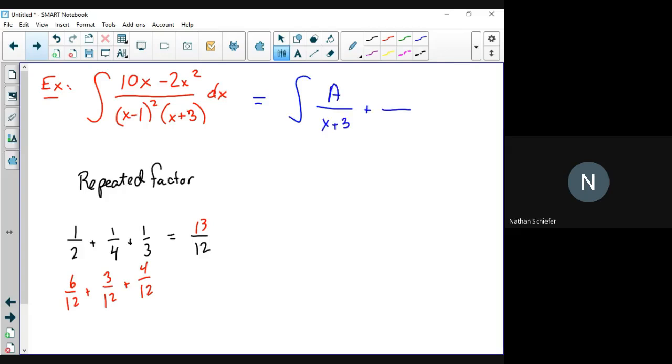We definitely have, or could have, an x minus 1 squared, so I could say b over x minus 1 squared. But like over here I had a 4 and a 2 as a denominator, I could also have just that x minus 1 to the first power. So that means I would have 3 fractions that are possible for this decomposition.